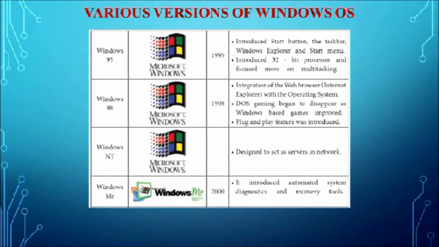The next version of Windows operating system is Windows ME. We call it the Millennium version, introduced in the year 2000.